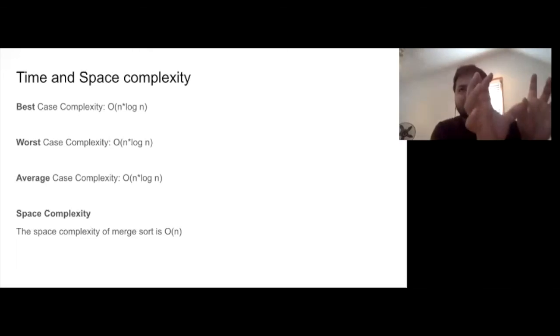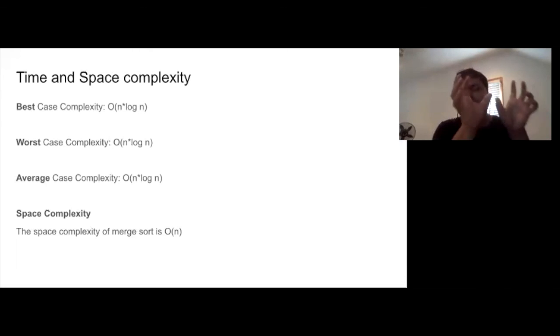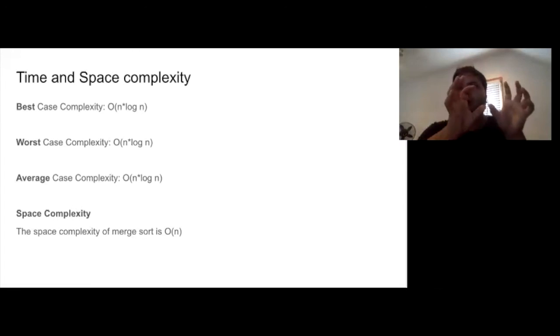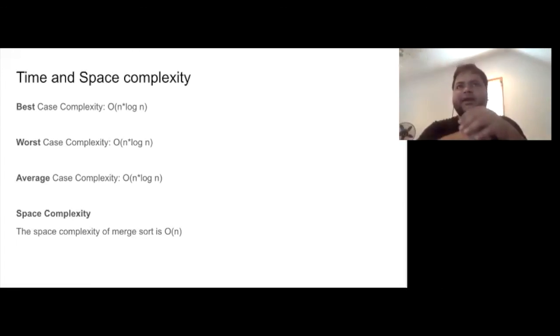The subarrays you are creating take space. How much space? It is equal to the number of elements you have in your original array. That is why your space complexity is n.